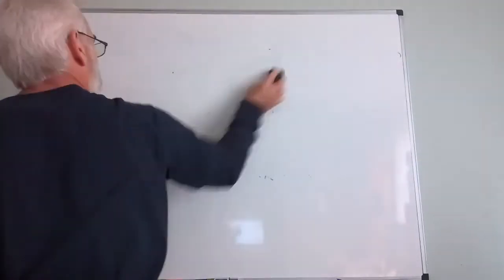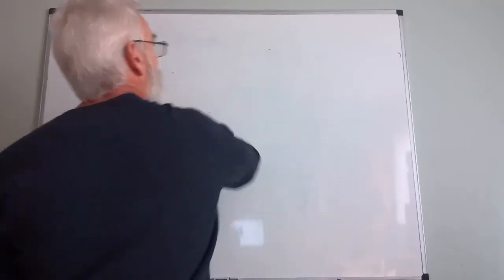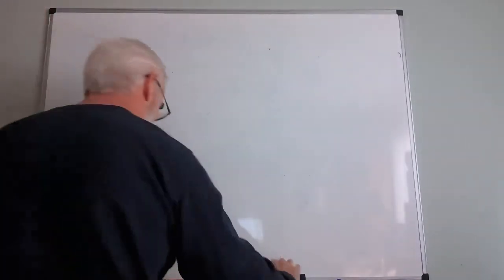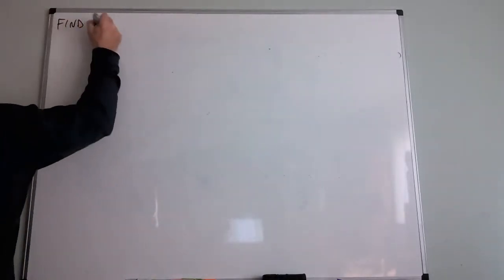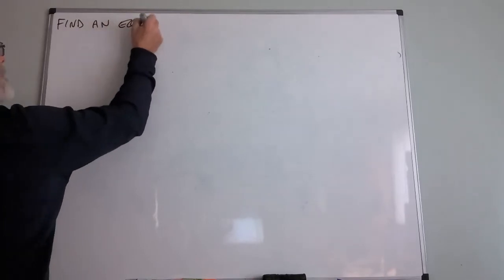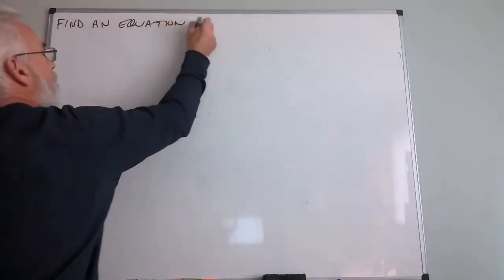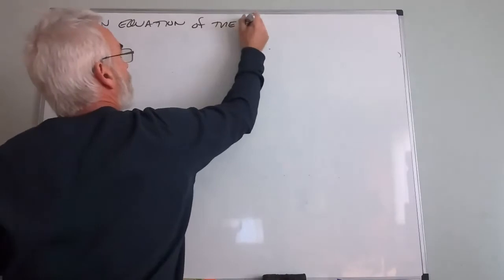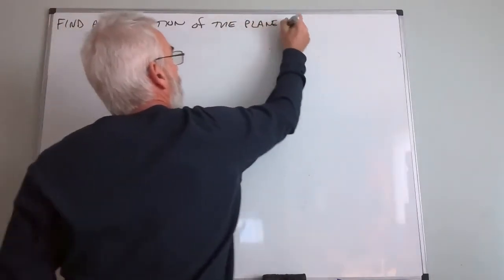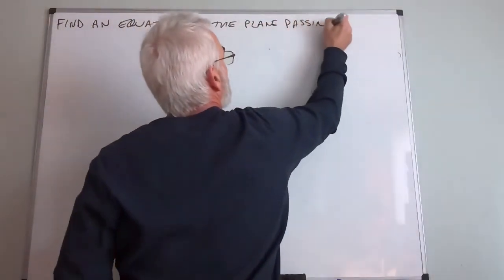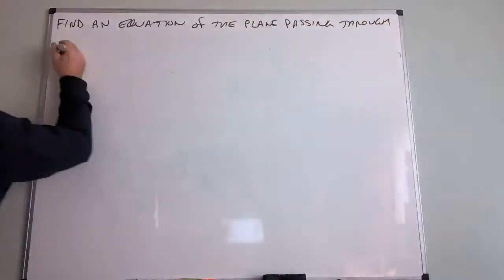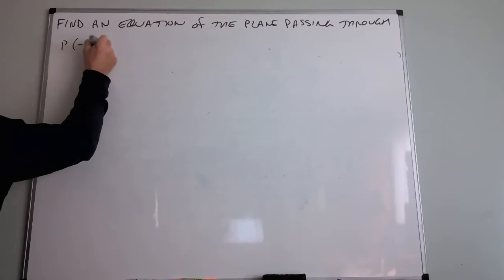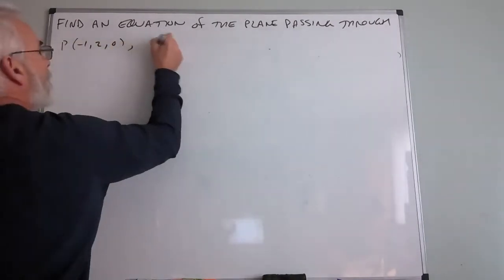Let's suppose that I give you 3 points at random, just 3 points in space. Here's what we want to do. Find an equation of the plane passing through, let's say P is -1, 2, 0.